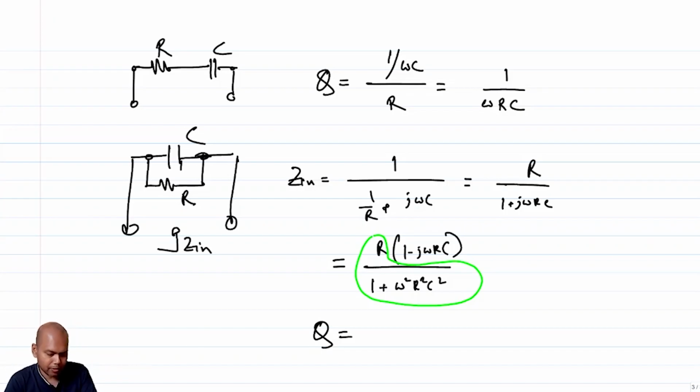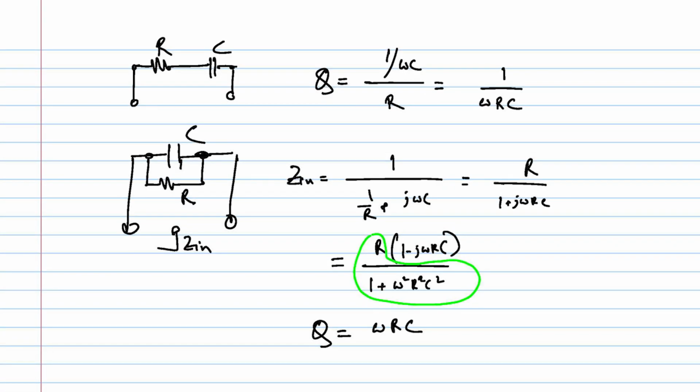Note that energy dissipated is always positive, but in the expression of energy stored, you can have a plus j or minus j, depending upon whether the current is leading, lagging, and so on. So don't bother about the negative j part of the energy stored. Okay, so this becomes Q equal to omega RC. Now, without going into solving, can you tell me what will be the Q factor of this one?